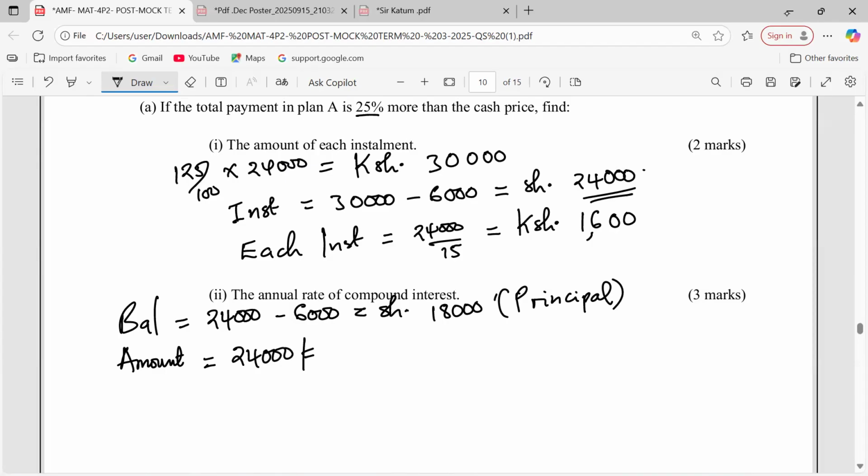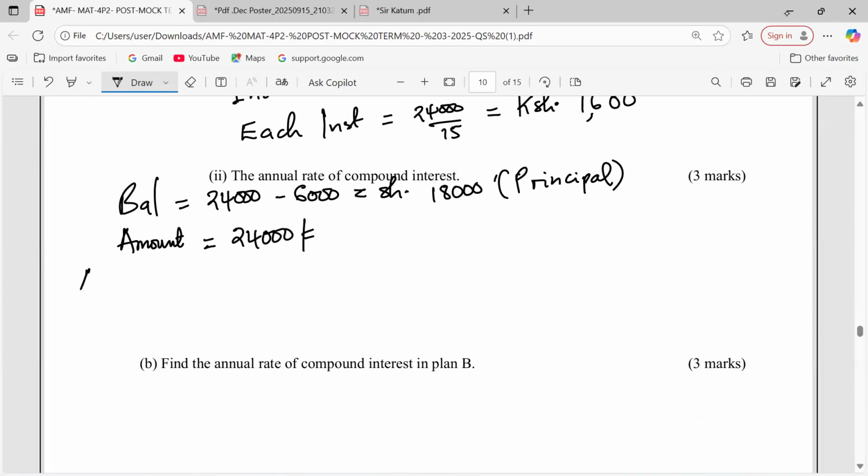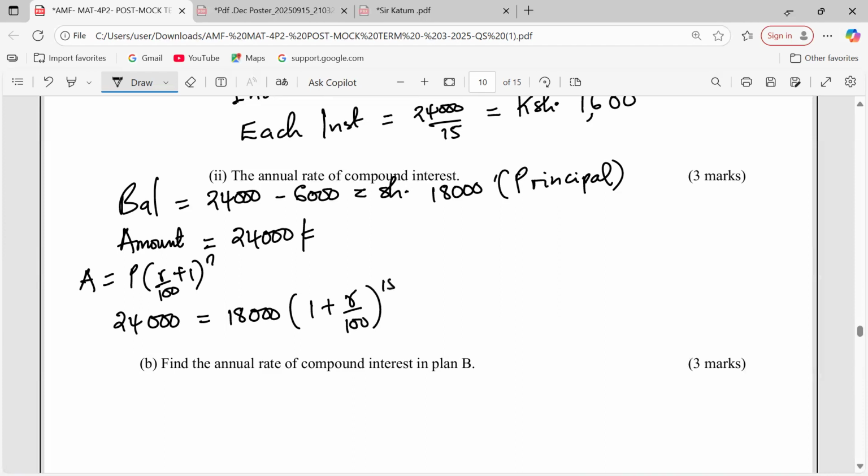So now in this case, remember the compound interest formula? Amount equals principal into rate over 100 plus 1, then we raise everything to power n. So this amount is coming from a principal equivalent to 18,000 into 1 plus a rate which is unknown, raised to 15 months.